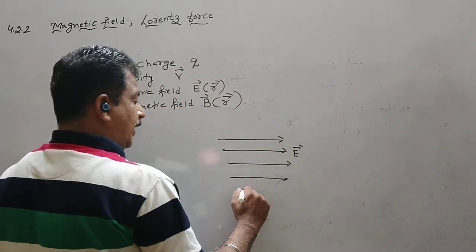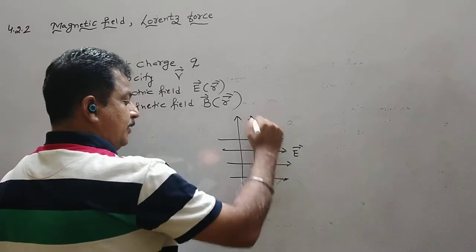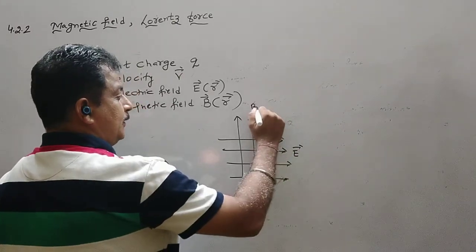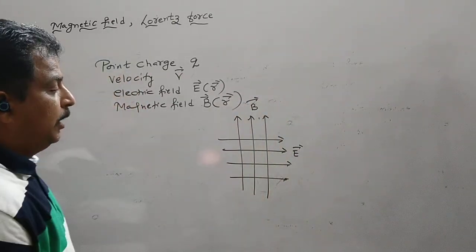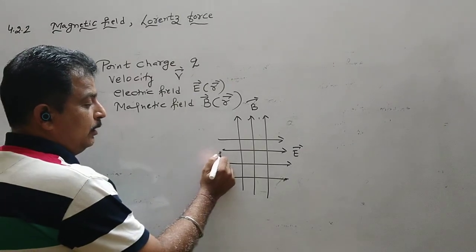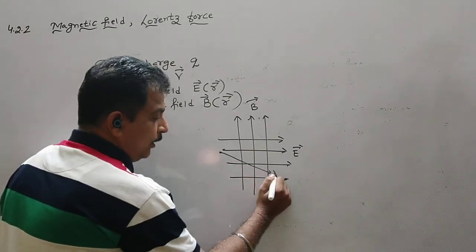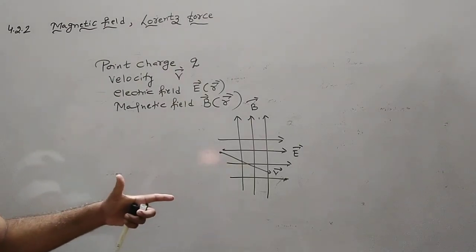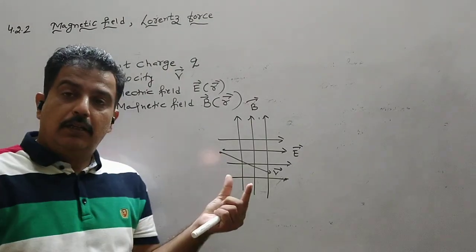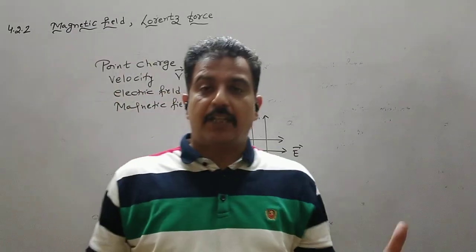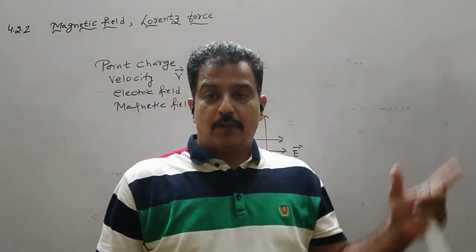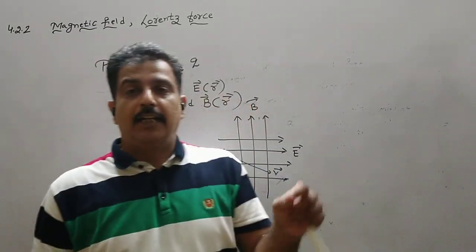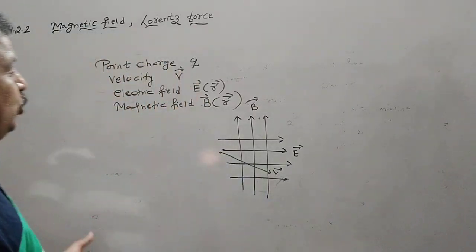Say the magnetic field is along the y-axis and a charged particle is moving inside it. Now in this situation, the charged particle will experience electric force according to chapter 1 and the magnetic force according to Ampere.